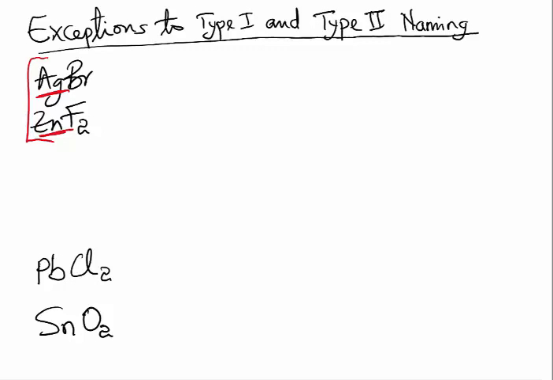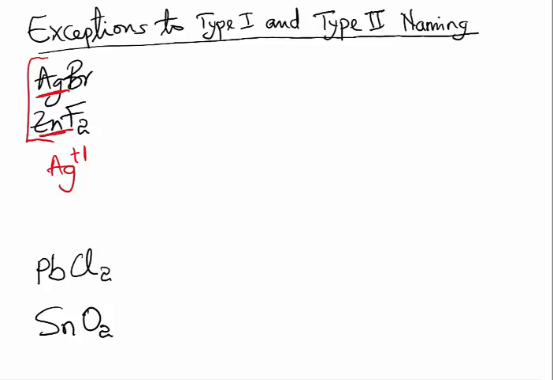Please do not. The reason is because silver will always have a charge of +1. Always. And since it has only one charge, there is no reason to place that charge in a parenthesis.